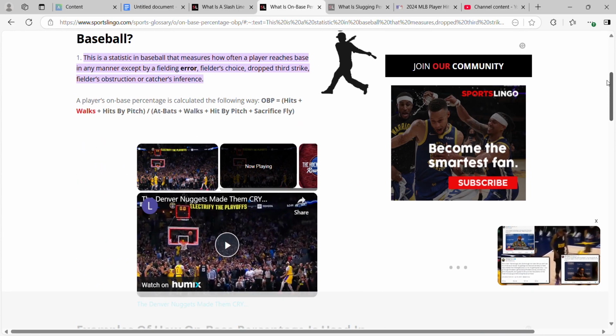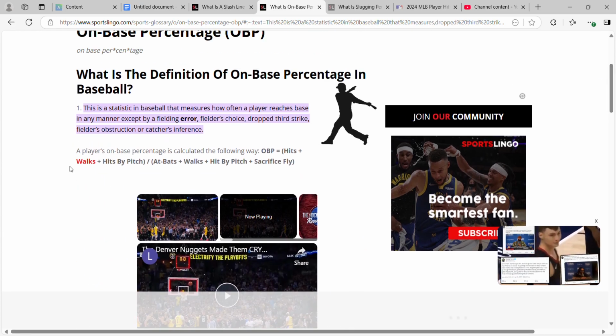Here's our formula for it right here, as you can see. This is not too much different from batting average, but it is still extremely valuable because it's really easy to measure, and it shows how good a player is at hitting, walking, and putting the ball in play productively instead of just hits.